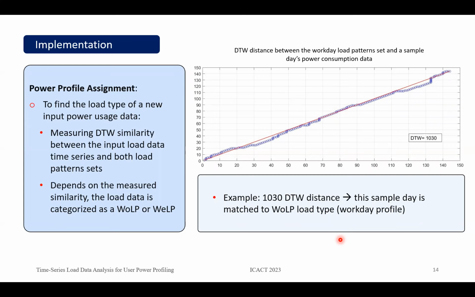To find the load type of new input data, we first need to measure the DTW similarity between the input load time series and both predefined sets, workday and weekend.